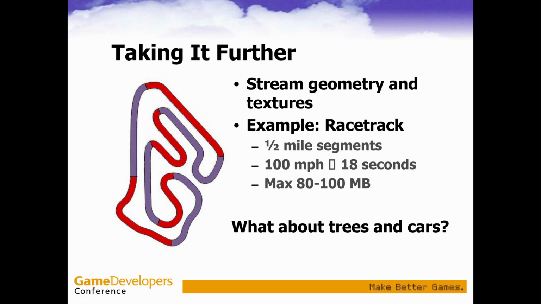And you can see from any one segment, you can never see another segment of the same color. So I've got to alternate red and purple. And that's really important, because it means you only need to have those two buffers in memory at once.